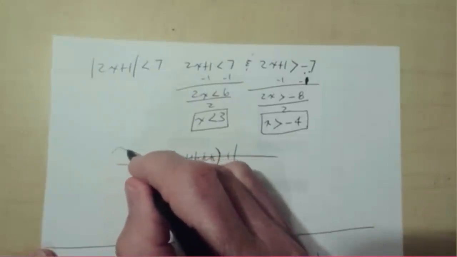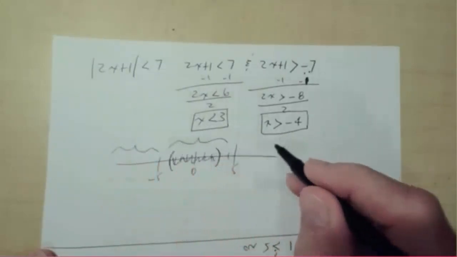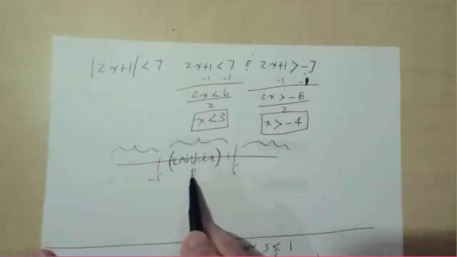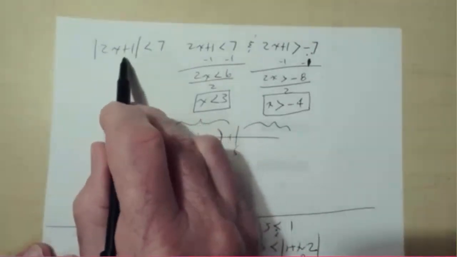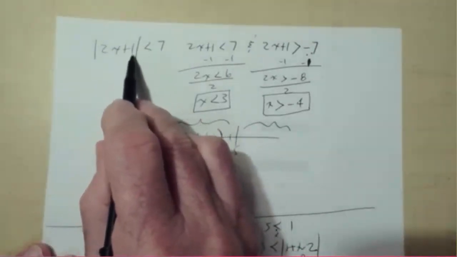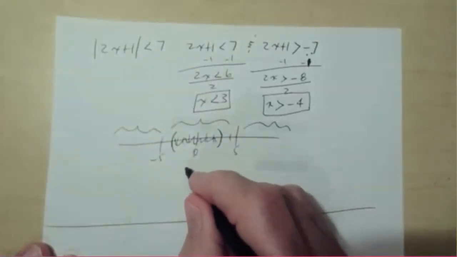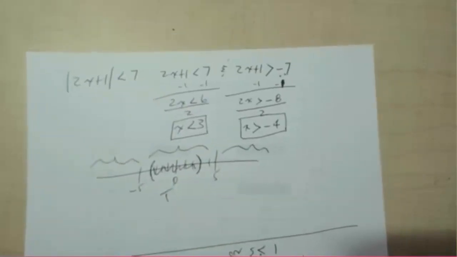Again, we have 3 areas. This area, this area, this area. Let's take 0 again because it's easy. 2 times 0 is 0, plus 1 is 1. Is the absolute value of 1 less than 7? Yes. So we know that this is true.